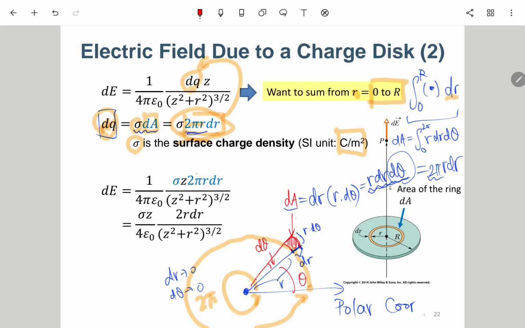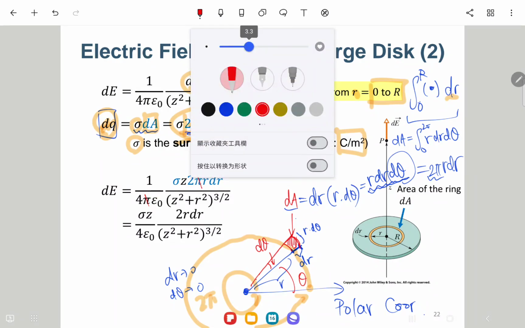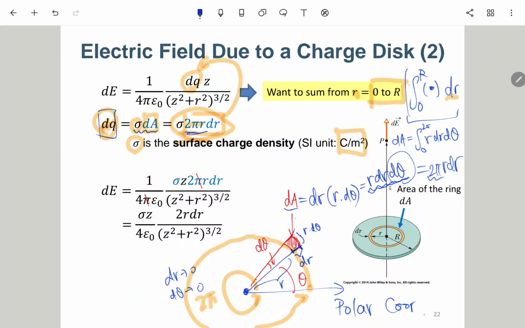We can cancel this pi with this pi, and that's pretty much it. So here 4 epsilon naught is here, and sigma z is here. The numerator of the later part is 2r dr, and this stuff is still there. This is the expression of dE for this ring.